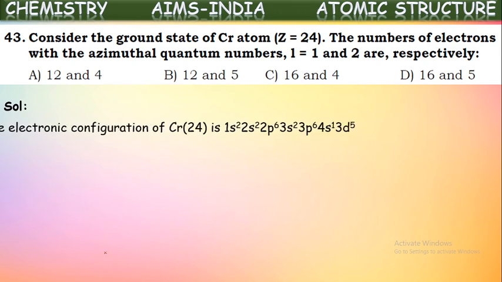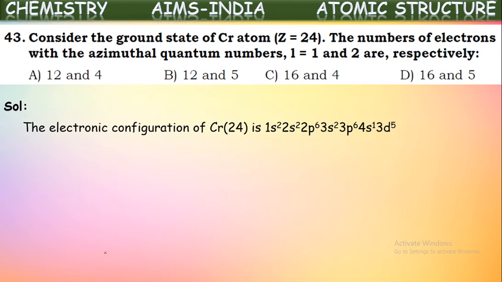Let us see the ground state electronic configuration of chromium: 1s2, 2s2, 2p6, 3s2, 3p6, 4s1, 3d5. L equal to 1 represents the p subshell, and L equal to 2 represents the d subshell. So we have to find the number of electrons present in the p subshell and in the d subshell of chromium respectively.